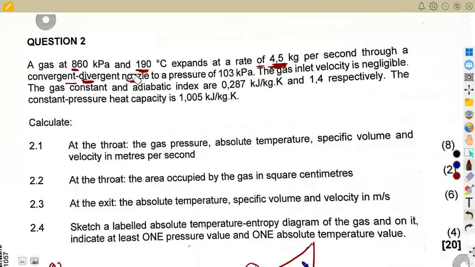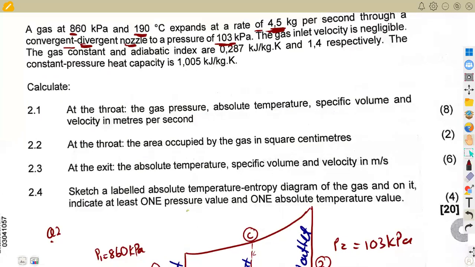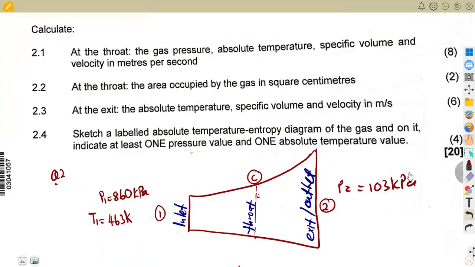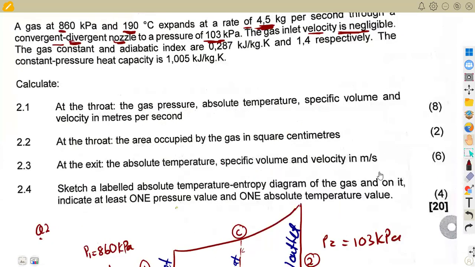Through a convergent divergent nozzle to a pressure of, which is the outlet, so we are now at the outlet, P2. That is the pressure there of 103 kilopascal. And the gas has an inlet velocity that is negligible. Remember, if the velocity is negligible, it means it is not considered. So C1 is 0 meters per second.